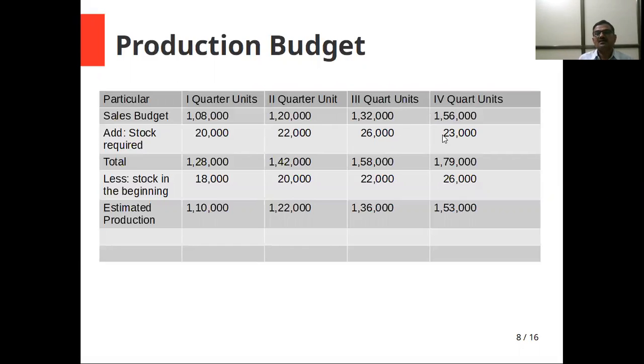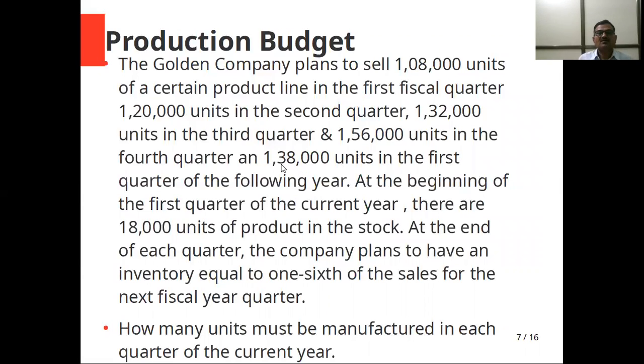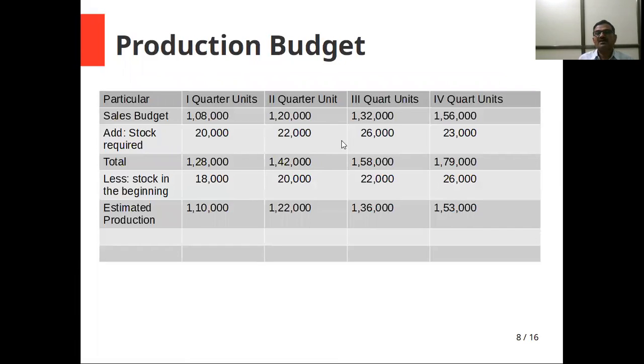And last, 23,000 will be calculated on 1,38,000 units in the first quarter of the following year. This is the figure. So 1,38,000 multiplied by 1/6 equals 23,000.